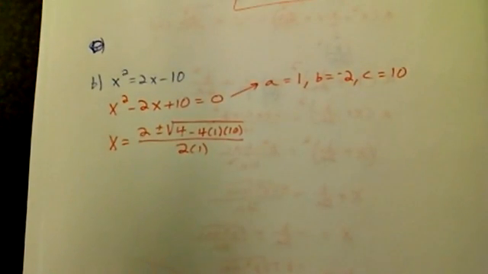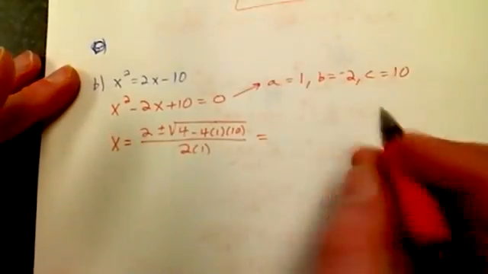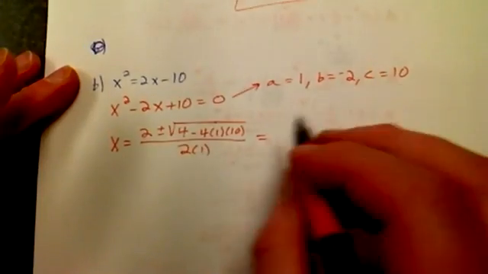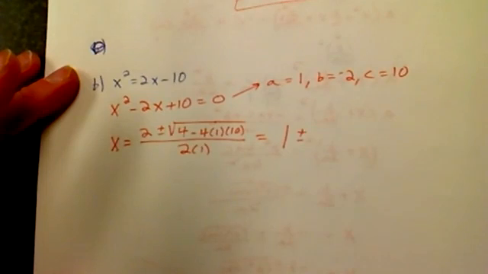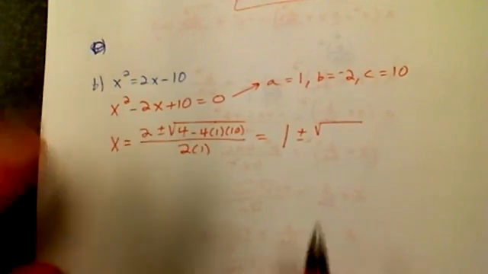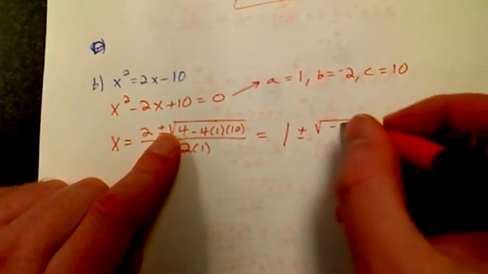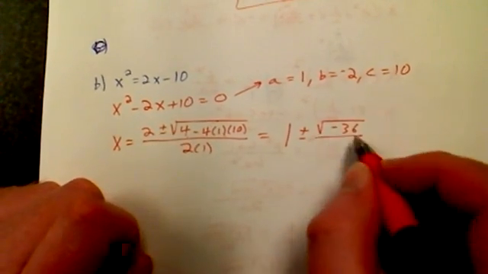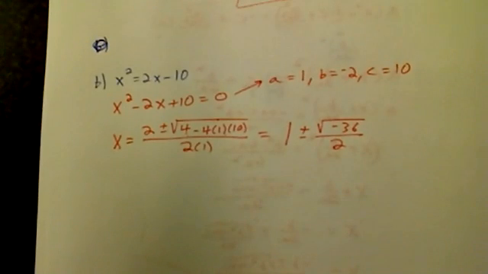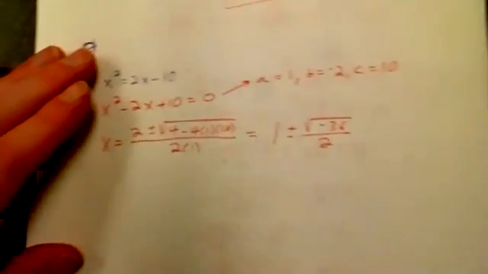Now here's the interesting thing that happens here. If I split the numerator, I got 2 over 2, that's just 1, plus or minus the square root of 4 minus 40. That's -36. And we know what this means. This means that our solutions are going to be complex.